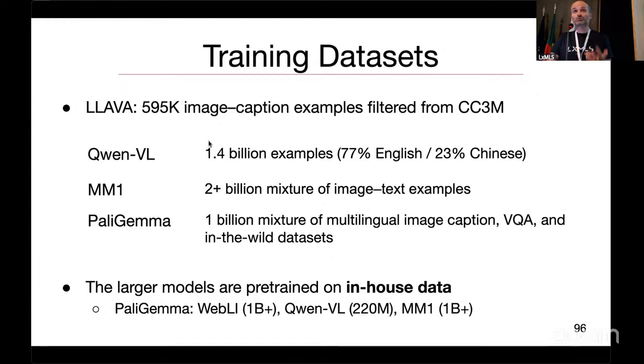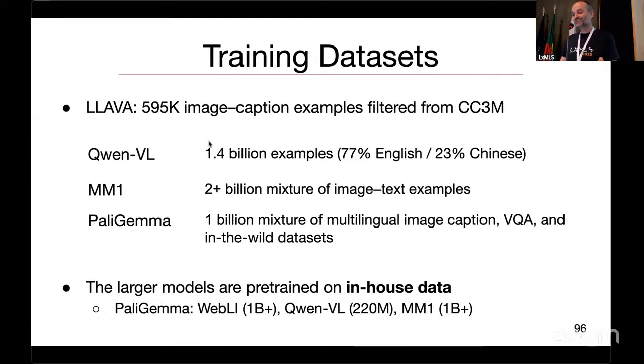MM1 was 2+ billion examples, and PaliGemma was a billion example mixture of multilingual image captions, VQA, and what they call in the wild datasets. I don't know how you get those, and Google wasn't very forthcoming about how one does, but I'm sure that a company that indexes the web knows where to find in the wild data.